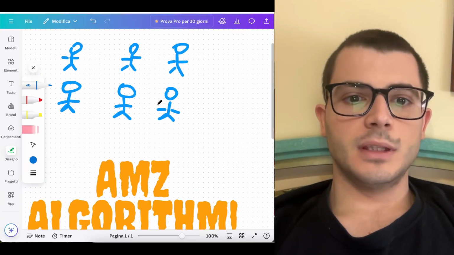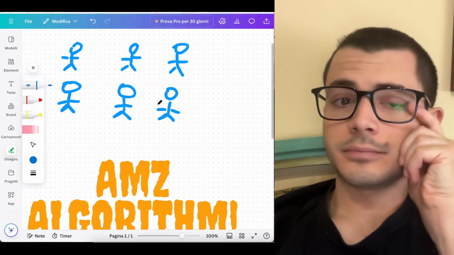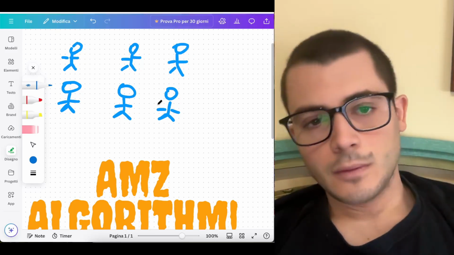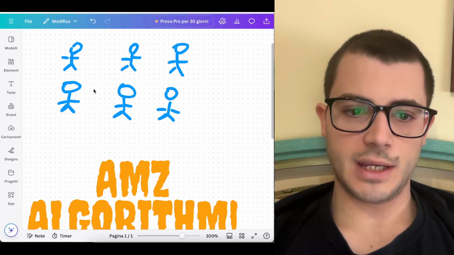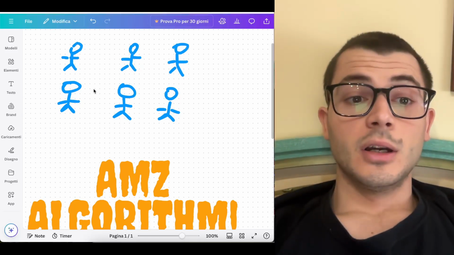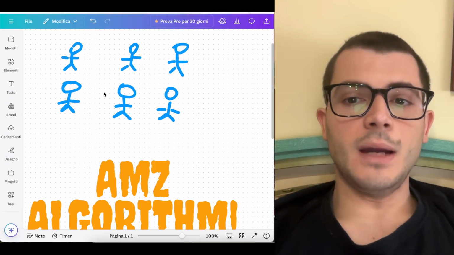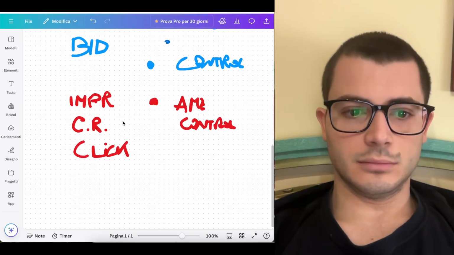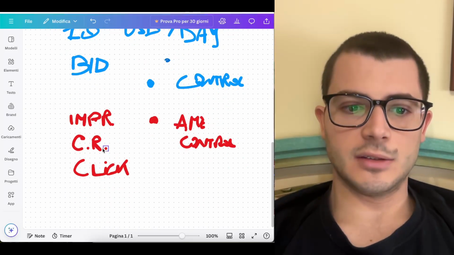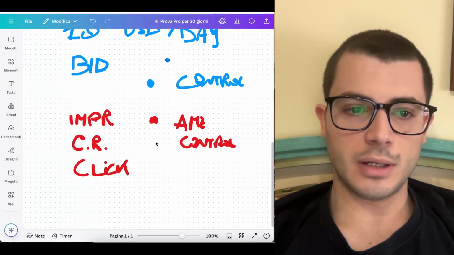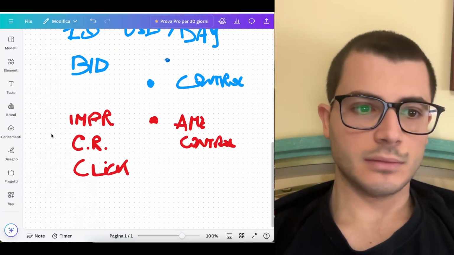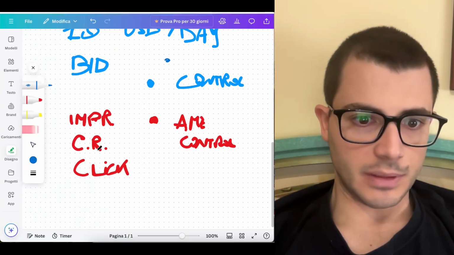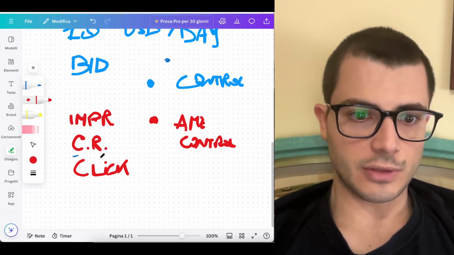The first thing you need to understand is what happens when you have your book published. The first thing that Amazon does is compute your likely conversion rate.